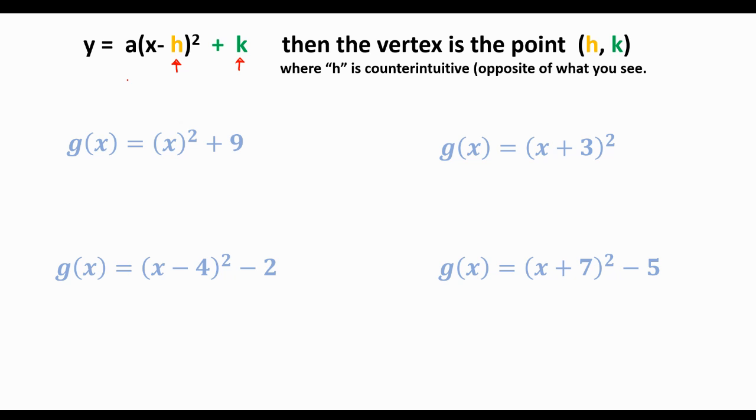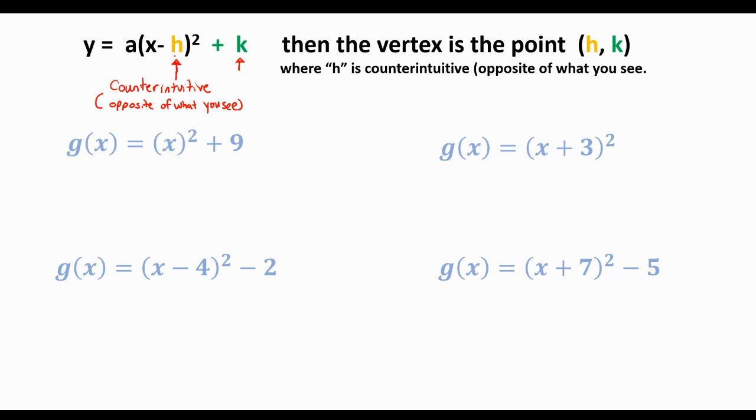You need to know that H is that fancy word we've been using, counterintuitive. And all that means is it's opposite of what you see. And that only applies to H. K is just the regular number that you see.